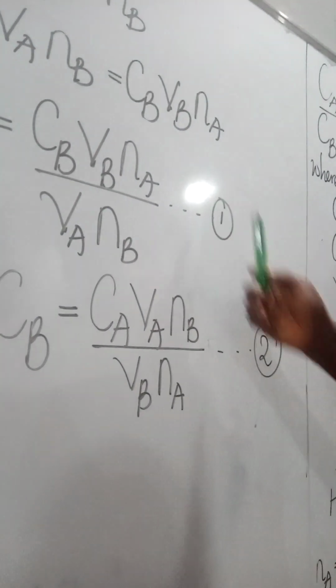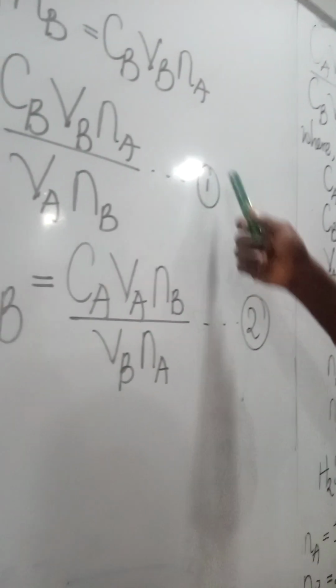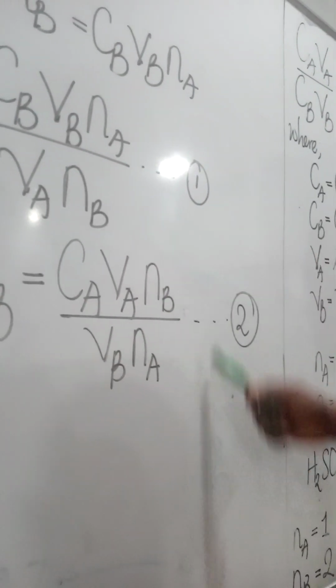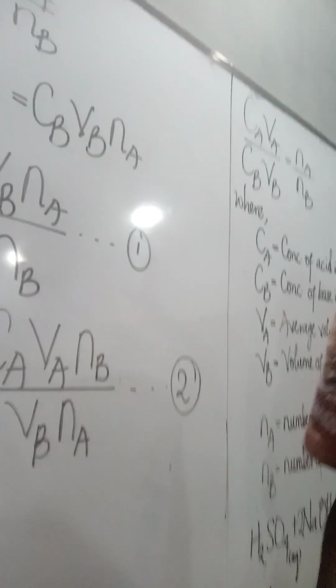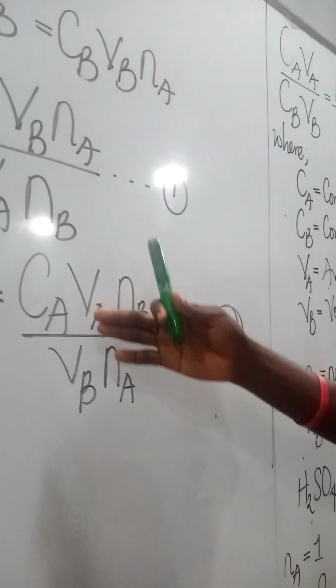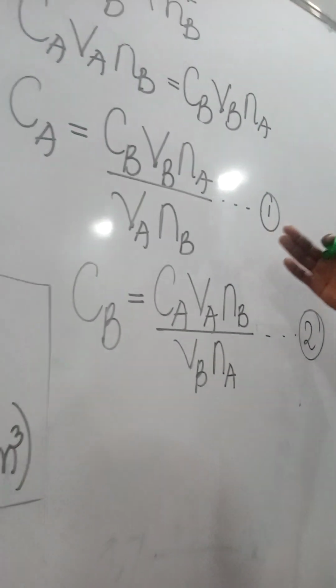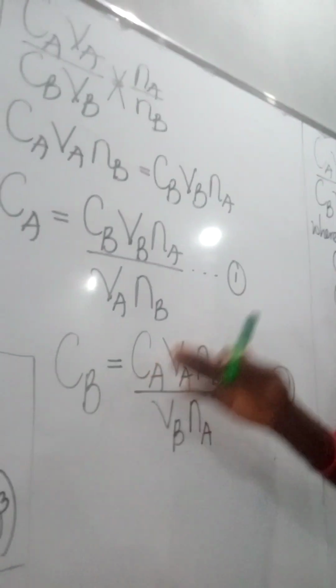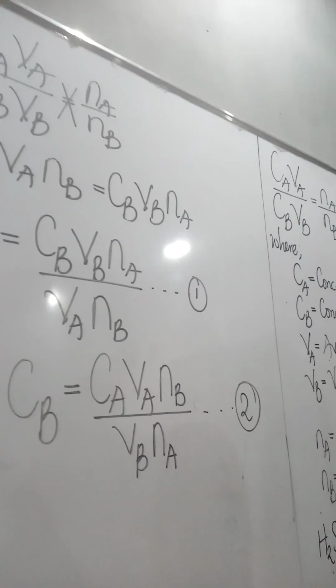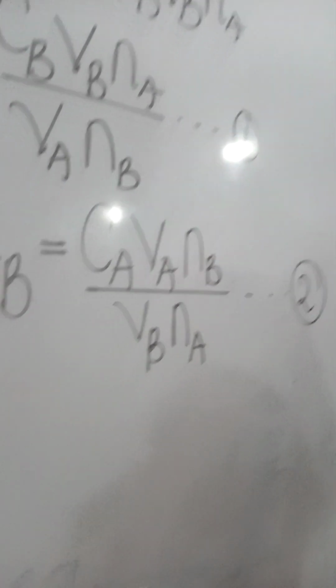So always take note of these two expressions. They are key expressions involved in calculating the concentration of acid and also the concentration of base. So, thank you very much.